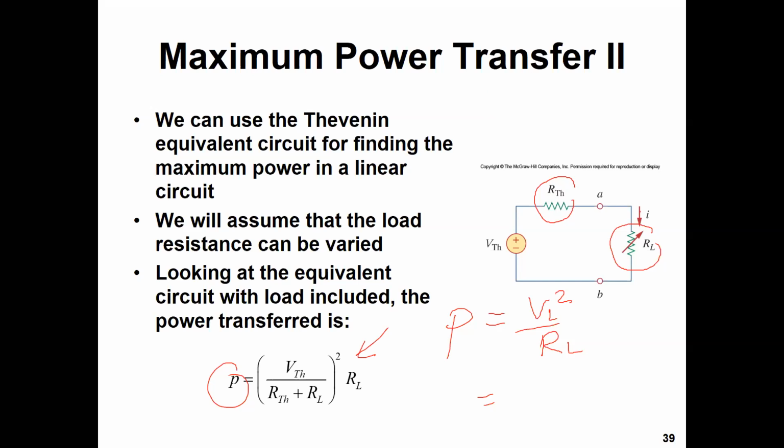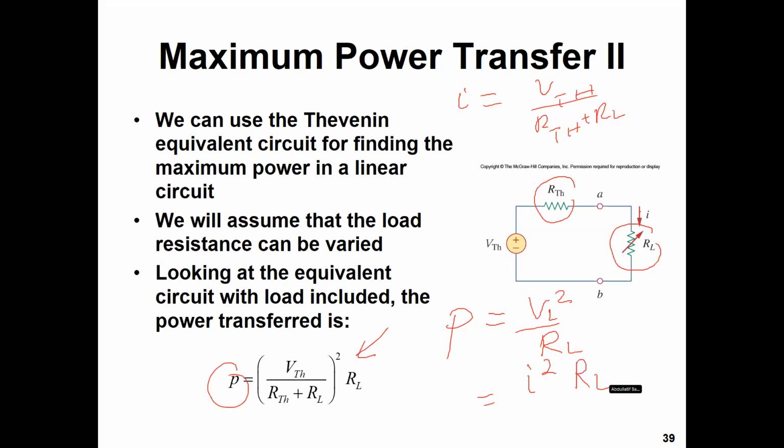First, we need to find I. So I is equal to VTH over, by Ohm's law, RTH plus RL. That's I. Now, we could also use I squared, I or IL, multiplied by RL.